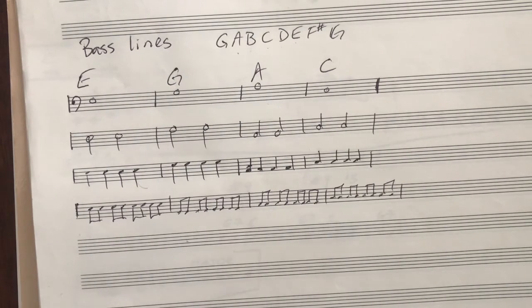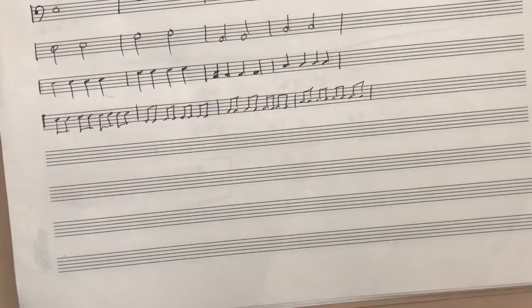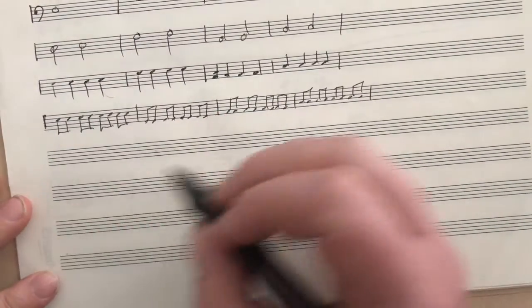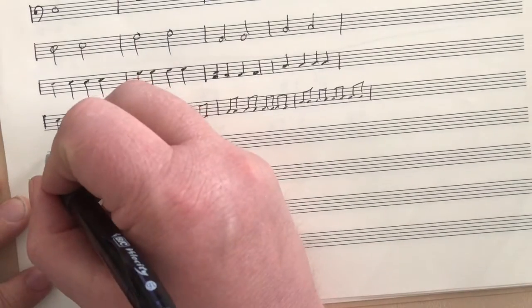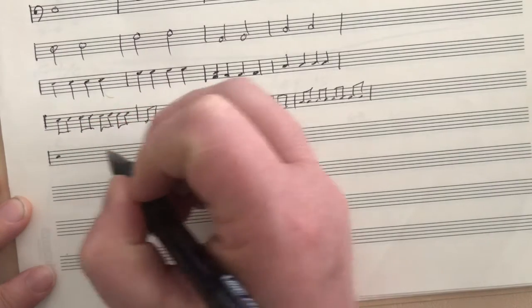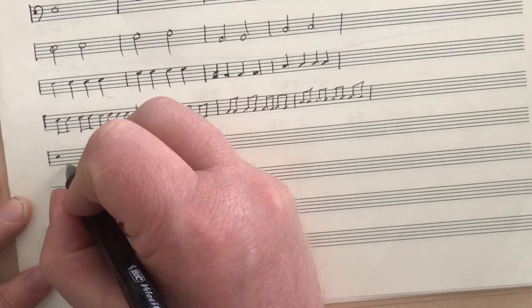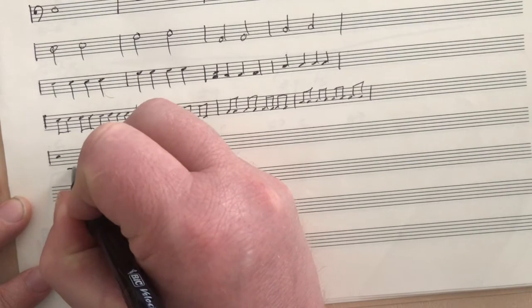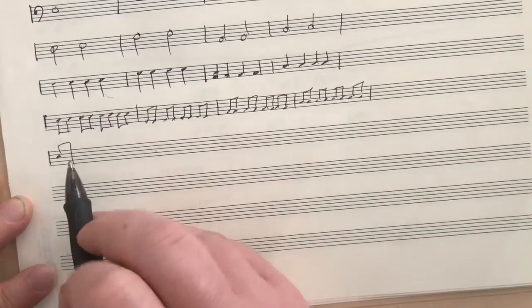So what we can do to make things even more interesting is the first thing that we can do is we can alternate the octave. So if I take this E and then I can put it to the E below and just have that repeat and alternate.